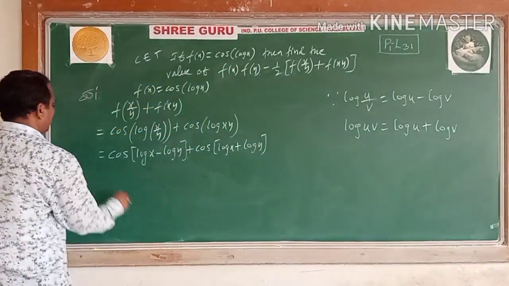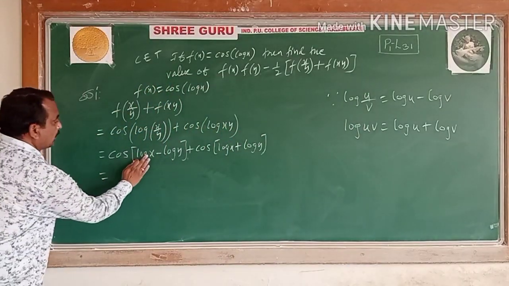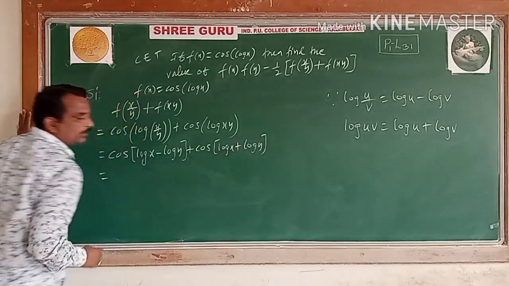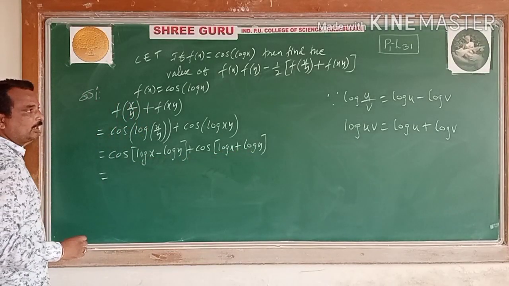So this is the logarithm property. So this is cos of x minus y, this is cos of x plus y. It becomes cos of x minus y, cos of x plus y.